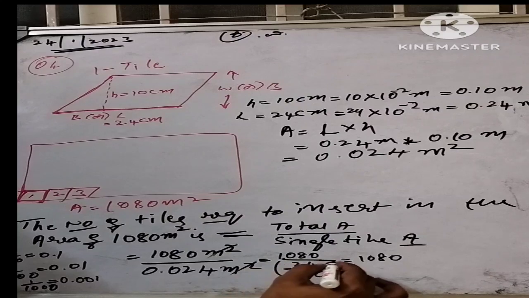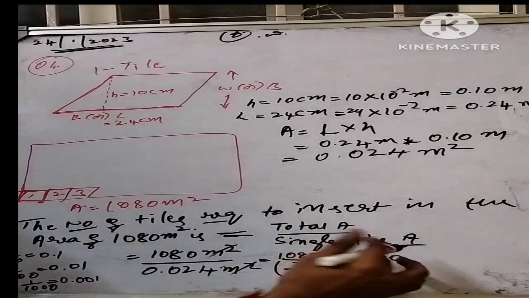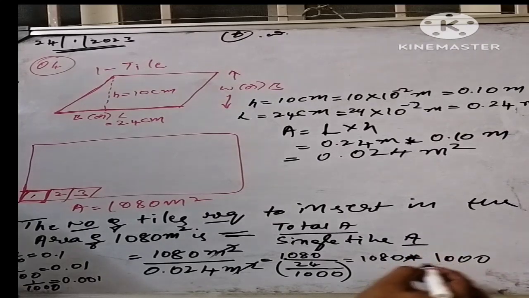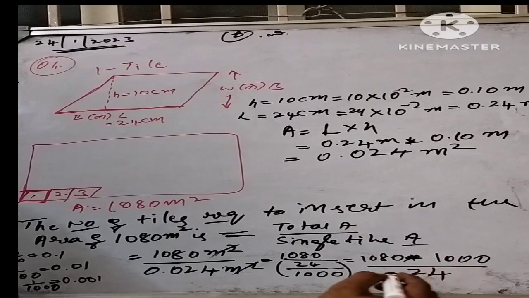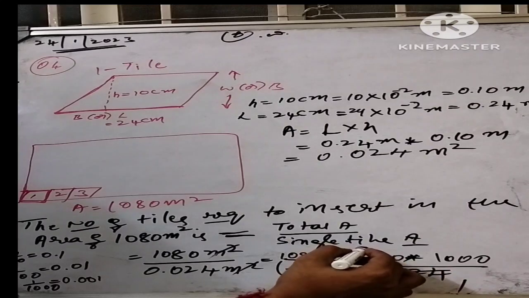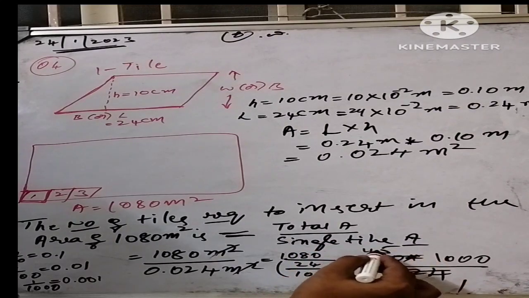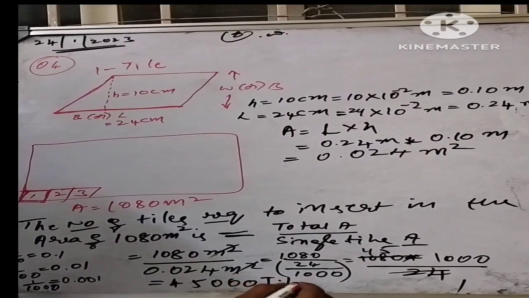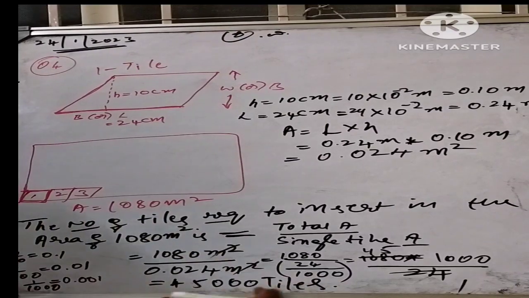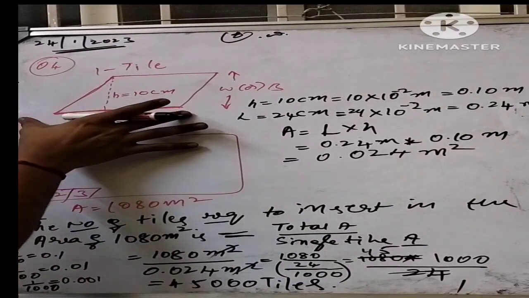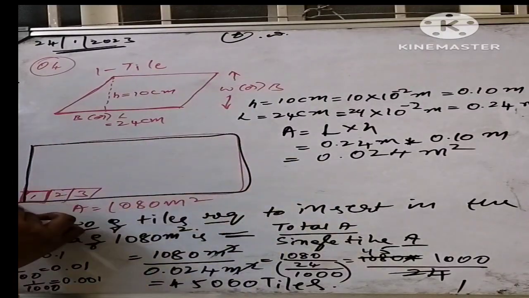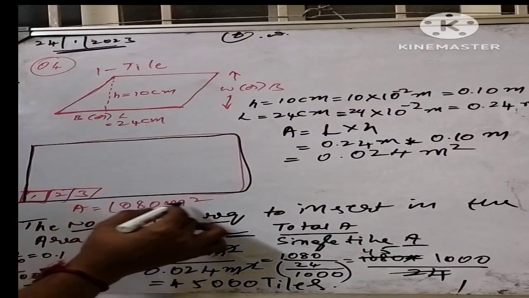When we move this upside, it becomes reversed, so 1080 into 1000 divided by 24. 24 ones are 24, 45 times, so 45 into 1000. 45,000 tiles like these are required to fill the floor area of 1080 meter square.